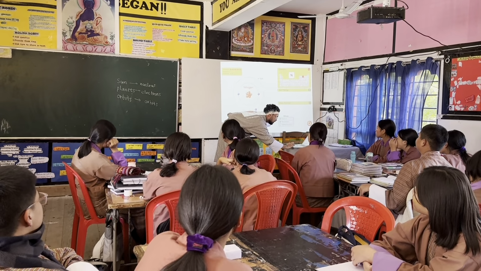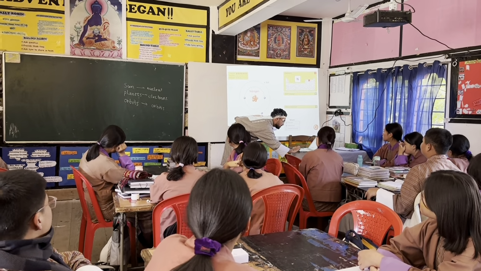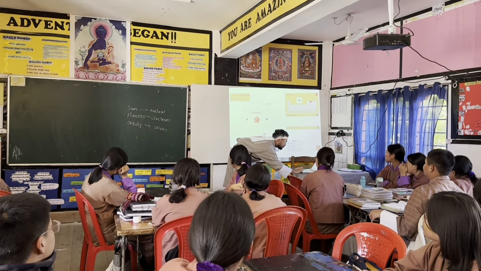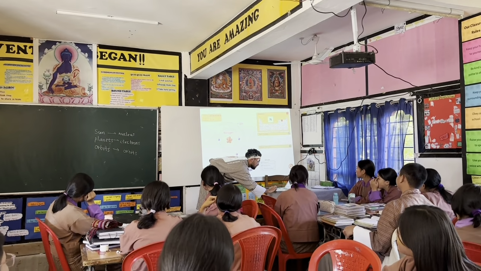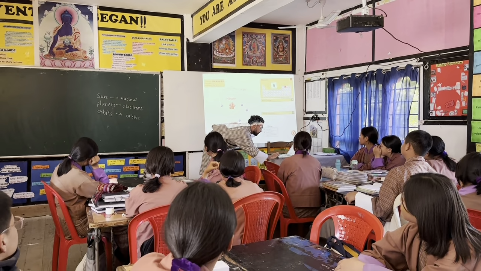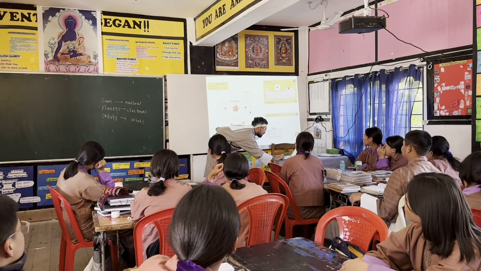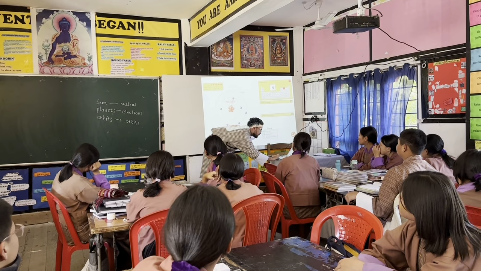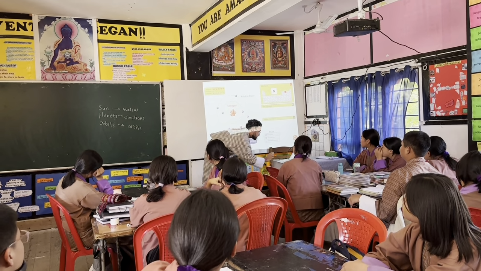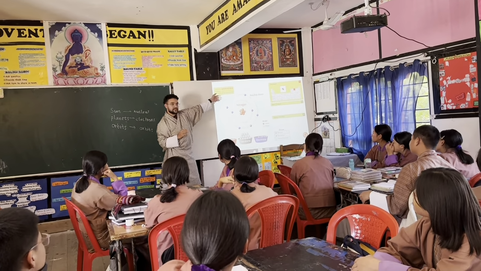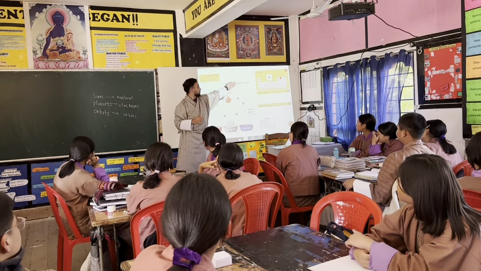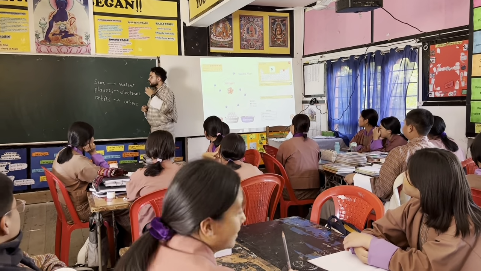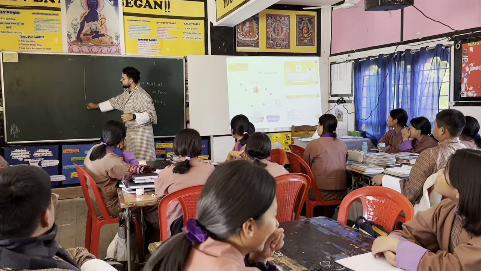So how many do I need? 5 more, right? 3, 4, 5. It is still an ion. 6 and then 7. So after adding 7 electrons, this nitrogen became a neutral atom, right?